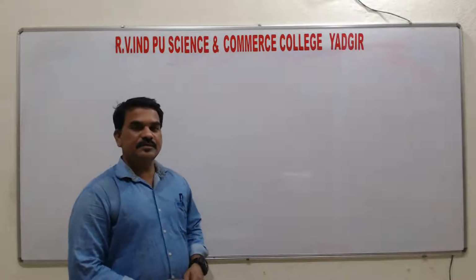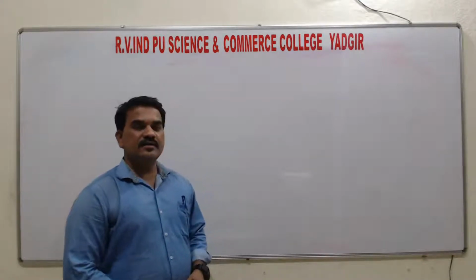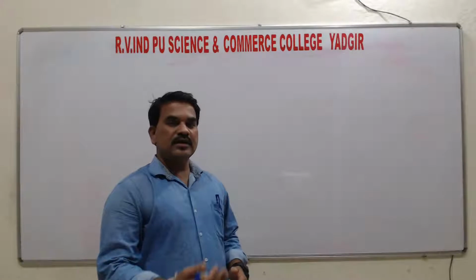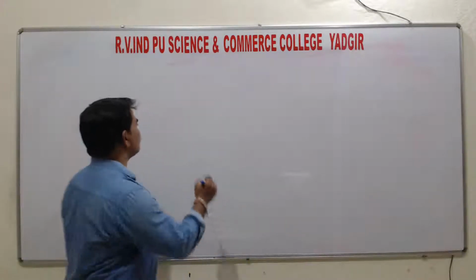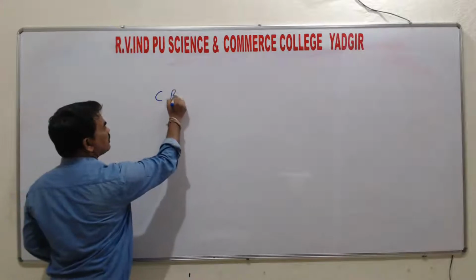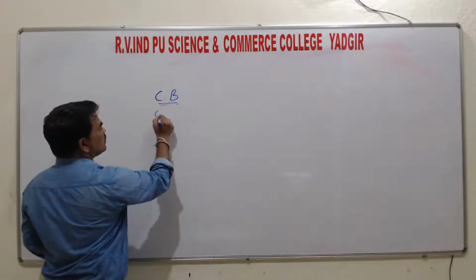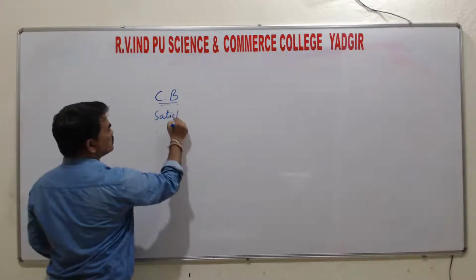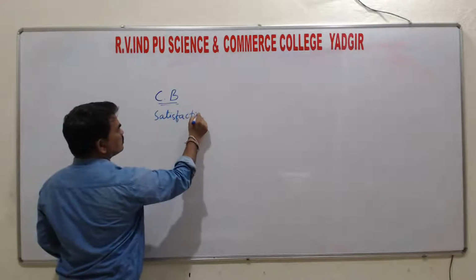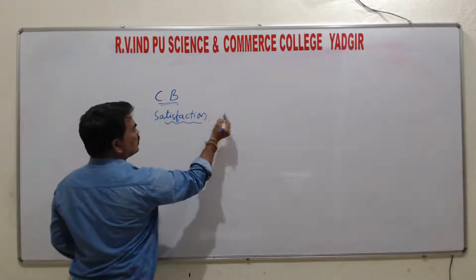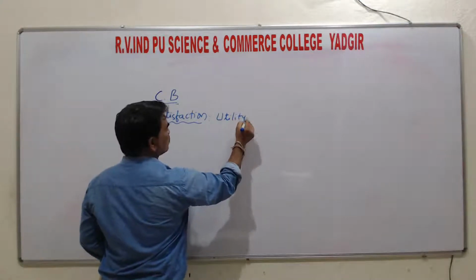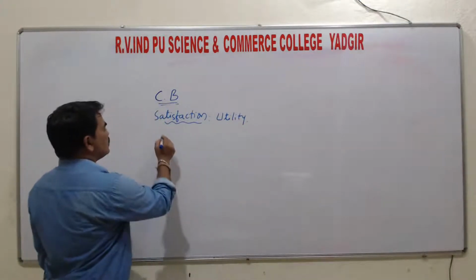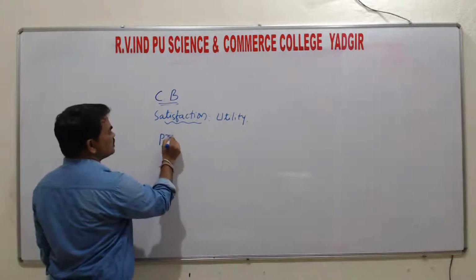What we have discussed in the previous class. In the previous class, we discussed how the consumer behaves. Consumer behavior we have discussed. What do you mean by satisfaction? We call it utility. And what do you mean by problem of choice?